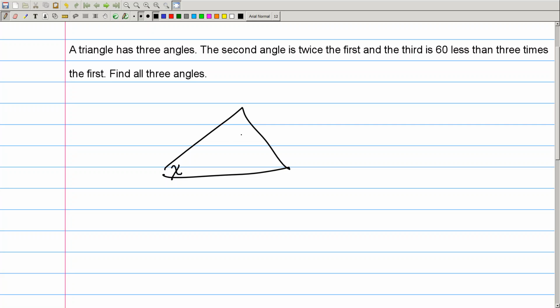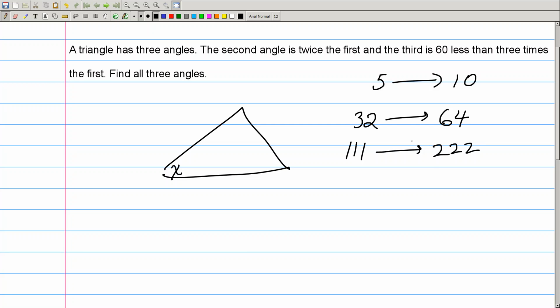Now, how do you write that? What does twice mean? Well, if you take any number, let's say 5, twice that is 10. Take the number 32, twice that is 64. If you take the number 111, twice that is 222. What you're going to do is take x and add another x on top of it. You take the number and add the same number on top of it.